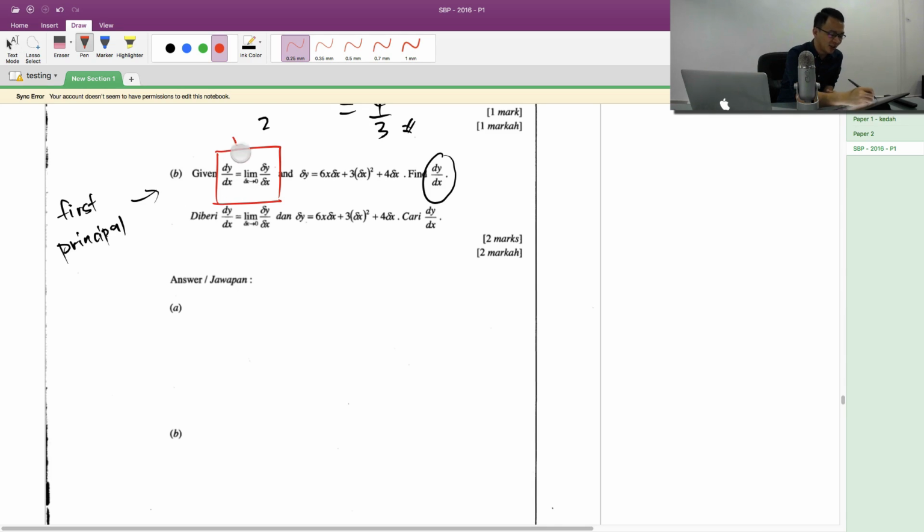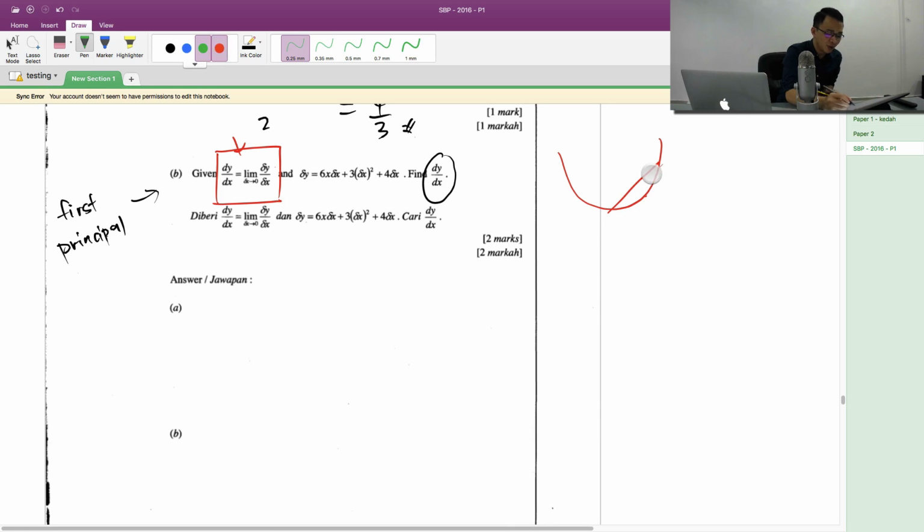If you want to understand this one, you have to understand the diagram. The diagram is trying to tell you something like this. If you have a curve, how do you get the gradient? In order to get the tangent at a certain point, it is change of y over change of x.